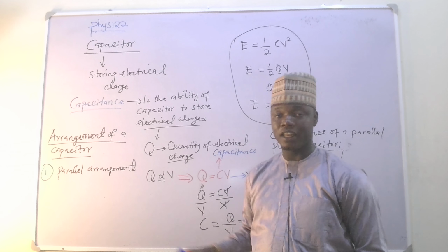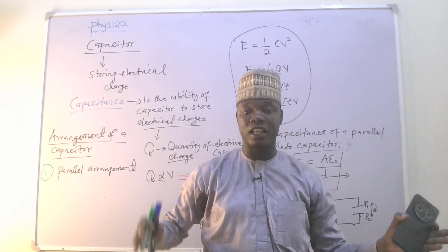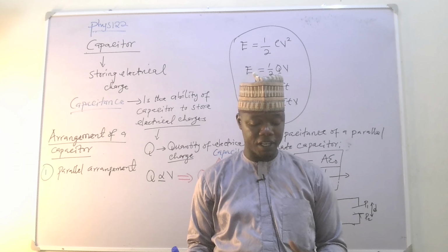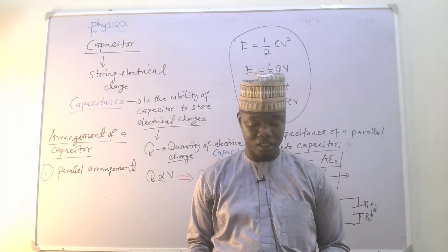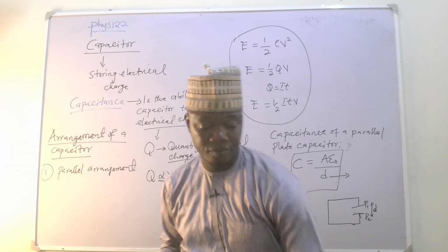So when you say parallel, ladies and gentlemen, it means that you have a capacitor, one is parallel to another. And you have also the arrangement of a capacitor in series.